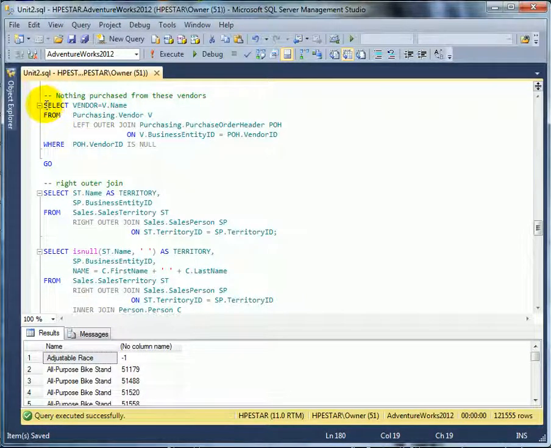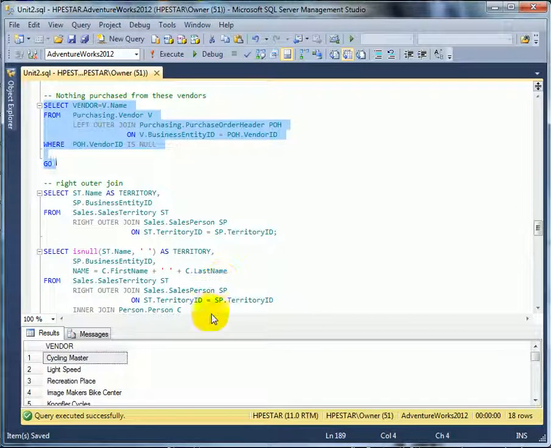Nothing purchased from these vendors. We are looking for where vendor ID is null. So this is the list of the vendors. There are 18 rows.